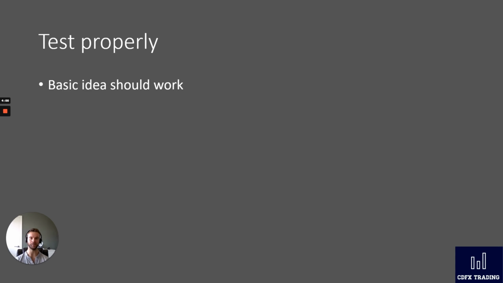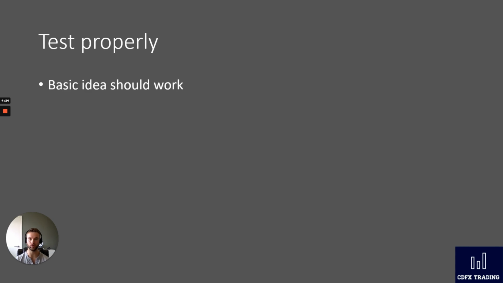The basic idea should work. So in the previous slide, I gave you a basic idea for a strategy, an example. That's a basic strategy, unoptimized, no filters. It's just, if this happens, I put my stop here, entry here, target here. That's it. I truly believe that a good strategy should perform without optimization.